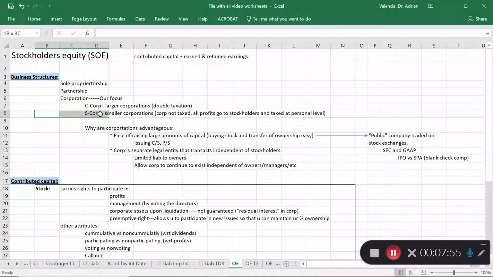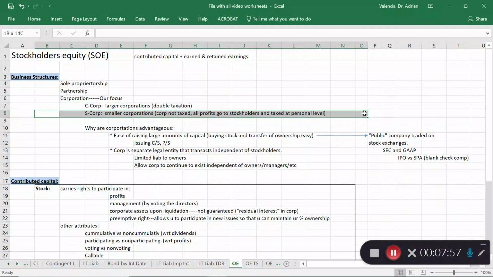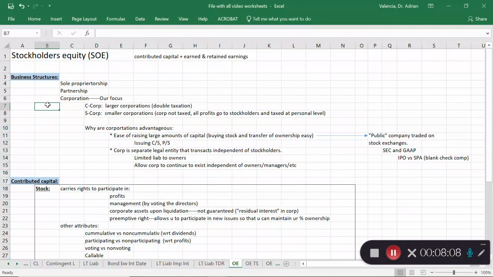So with the S corp setup, you only have one level of taxation, and that's sometimes why people choose this type of corporation. Usually, these are for smaller companies, like less than 100 employees or something like that. But your big corporations are the ones that are going to be in the C corp category.